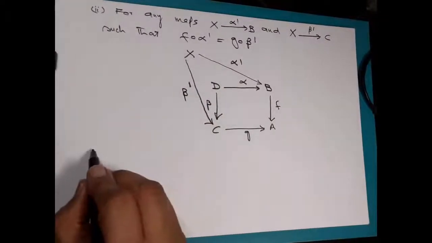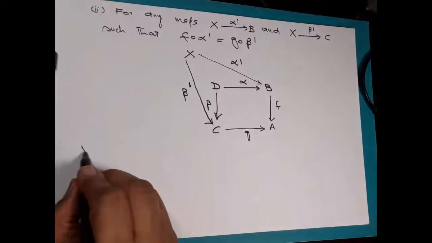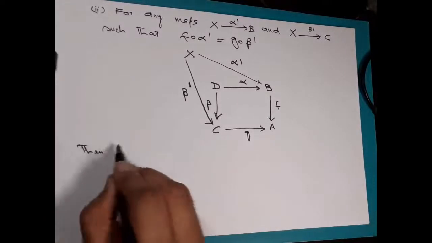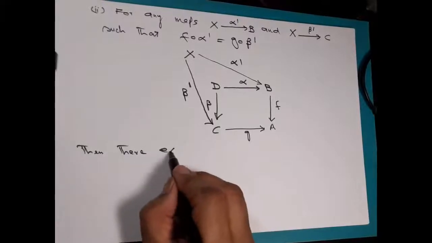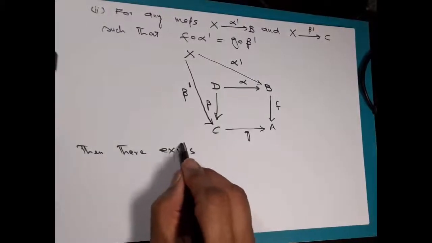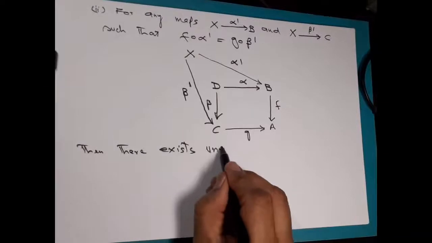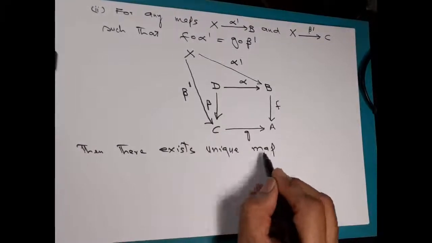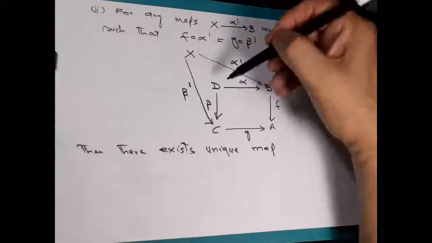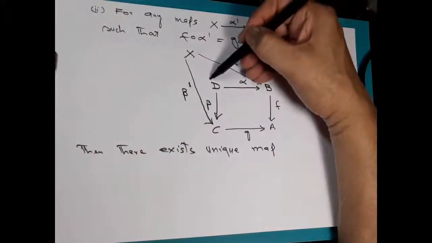Then there exists a unique map from X to D. This is very important. This is called the universal arrow.